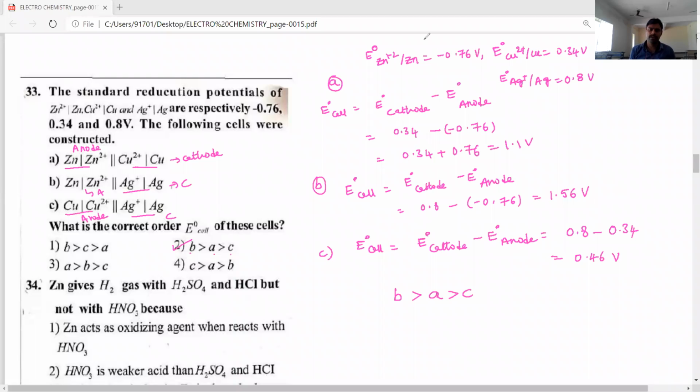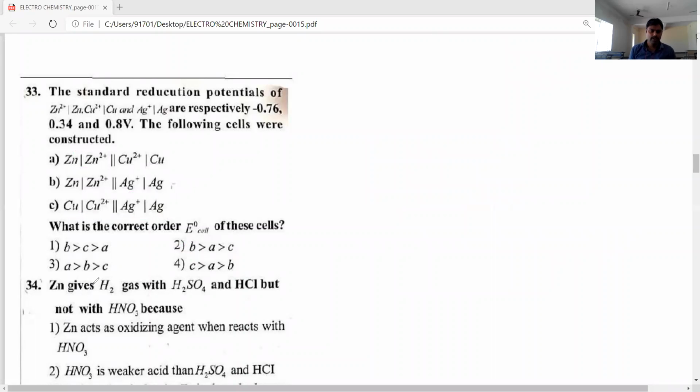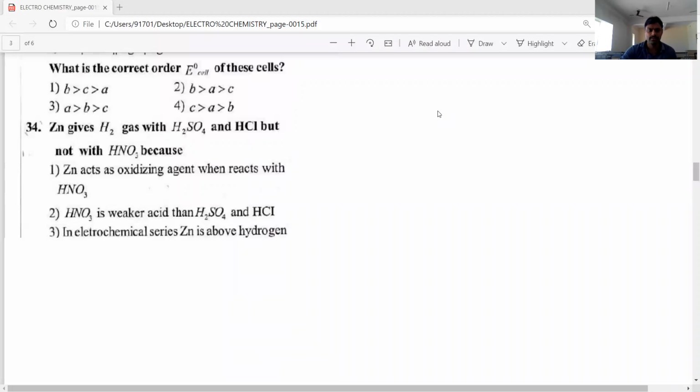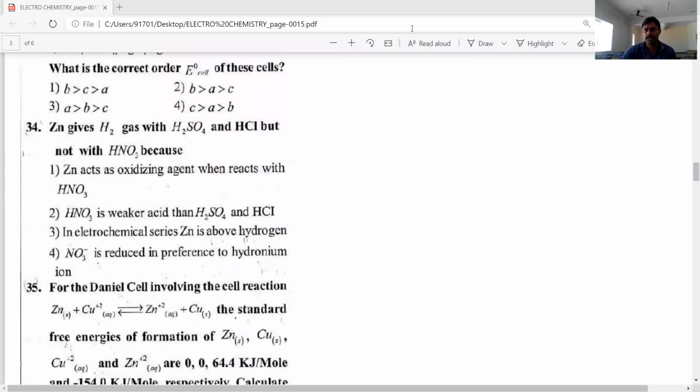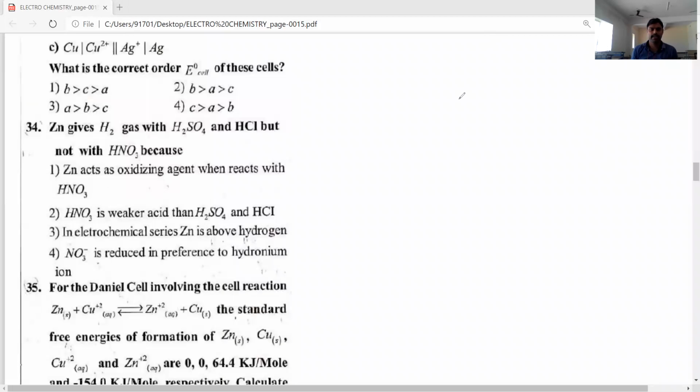Okay. Let's go for the next question. Question 34 we already discussed in the 15th group elements. Zinc reacts with HCl, hydrochloric acid, and produces hydrogen gas.